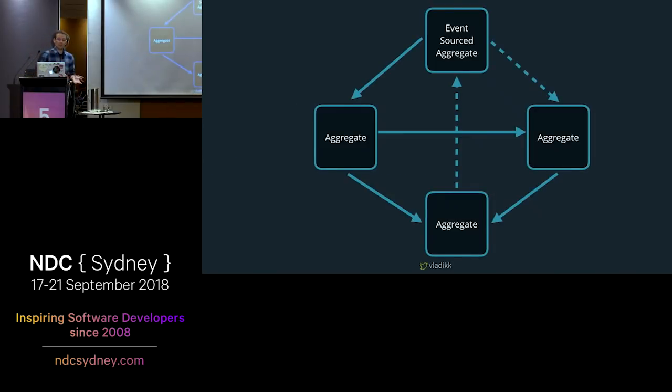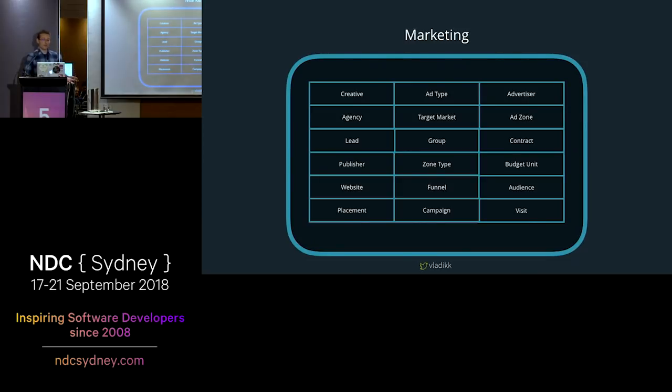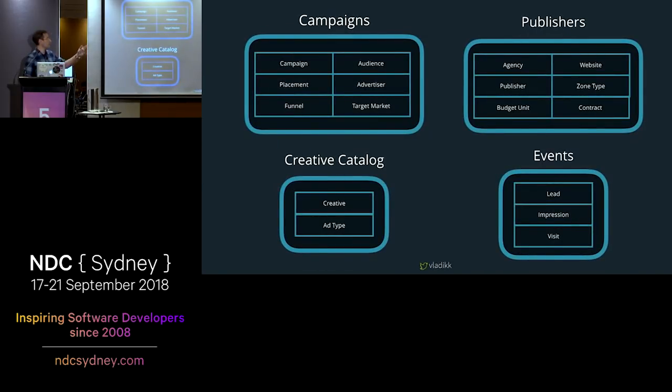When we try to decompose to fine-grained services early on, as in the case of Marketing Hub, we ended up with a distributed monolith. On the contrary, the marketing context started up as a monolith, but it was decomposed later on. We extracted campaigns, publishers, events, creative catalog, and again, it's evident even here. The simpler the domain is, the more narrow are its boundaries.